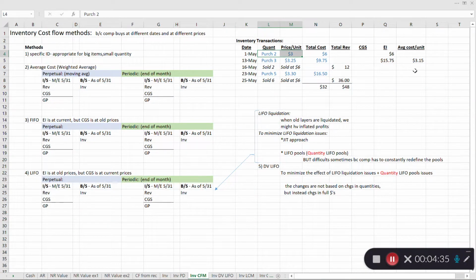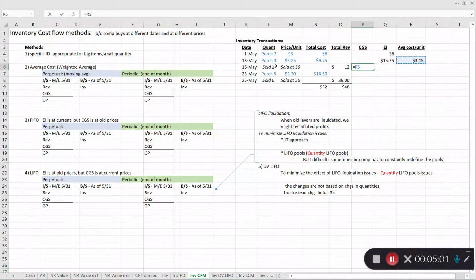Now, using this information for the next transaction where we sell 2 units, if I am using the perpetual system, which is a moving average, I have to compute an average every time I buy new merchandise. If I'm using the perpetual inventory system, then I would have a cost of goods sold of $3.15 per unit times the number of units sold, which is 2.